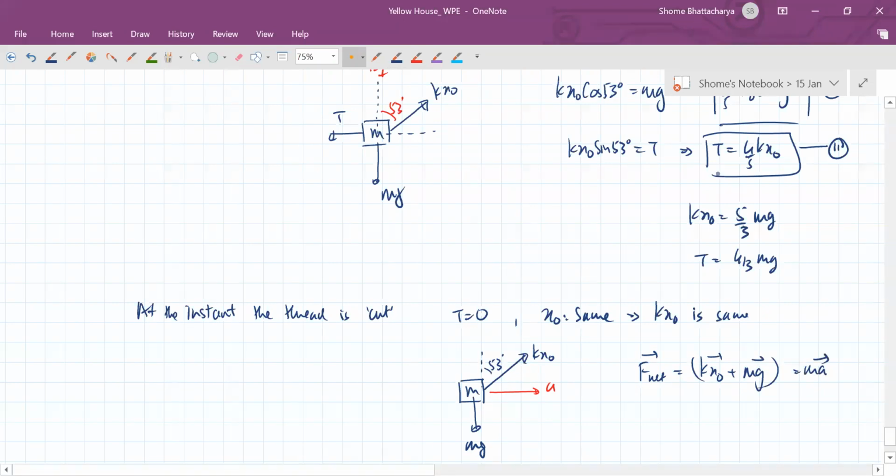That will become equal to mass into acceleration. Okay. So now we can either use component algebra from here and work it out, because the spring's length doesn't change immediately. No? It will take some time for the spring to compress. It can't change suddenly from x naught to a different value. You understanding?